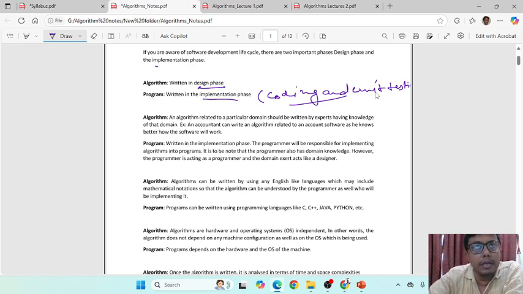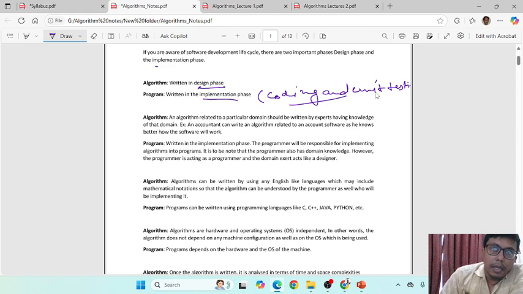If a programmer is implementing an algorithm written by a domain expert for an accounting software, the programmer should also have the knowledge of that accounting software, so that he can implement that algorithm effectively in programming statements in the form of a program.